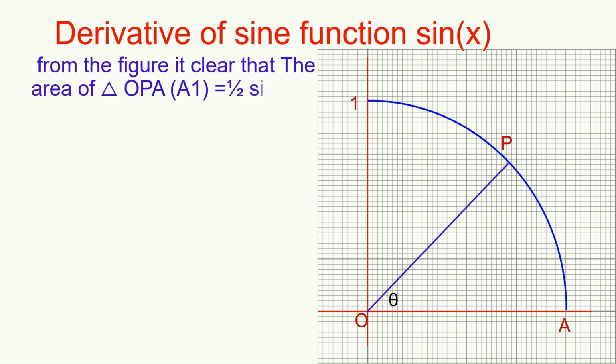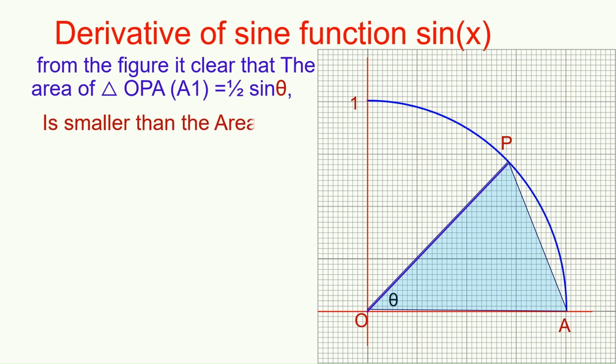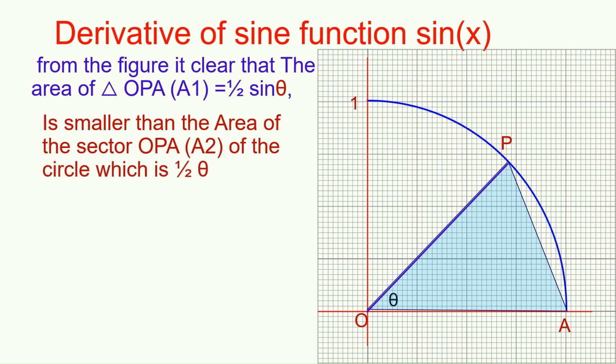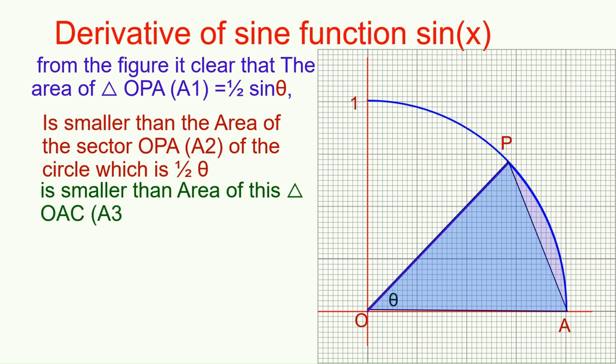From the figure, it is clear that the area of triangle OPA, A1, equals 1/2 sine theta, is smaller than the area of the sector OPA, A2, of the circle, which is 1/2 theta, which is smaller than the area of the triangle OAC, A3, which equals 1/2 tan theta.